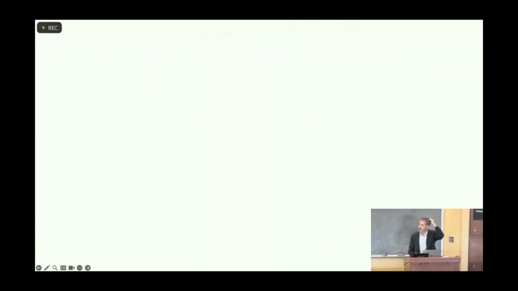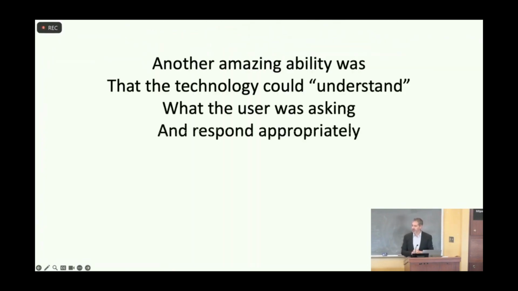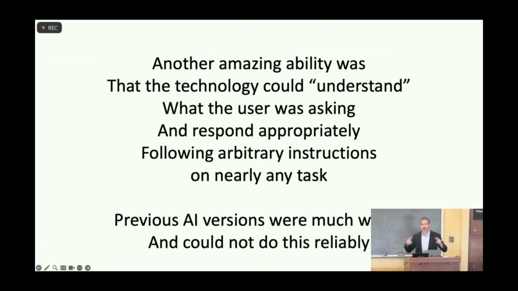Another thing that was super shocking to most researchers like myself is the ability to, quote, understand what was going on. I say understand in quotes because we don't want to anthropomorphize these systems. These are still machines. There's no evidence that they're actually thinking or sentient or anything like that. They're just really good at responding. They're amazing at simulating.